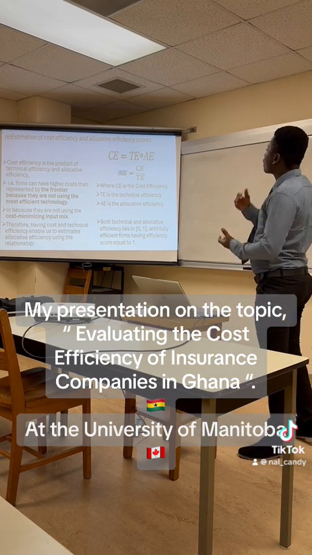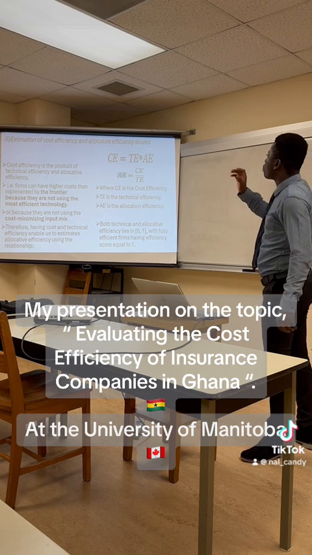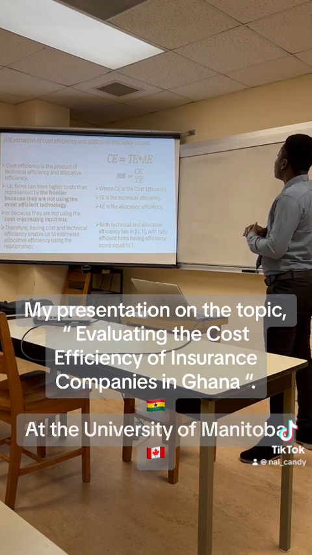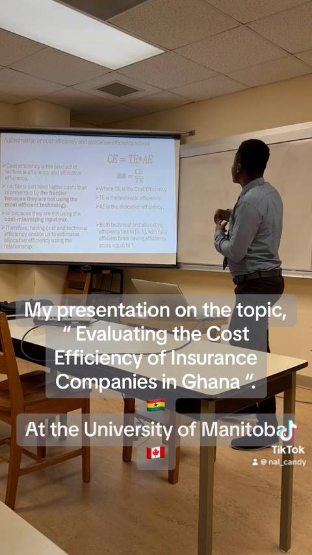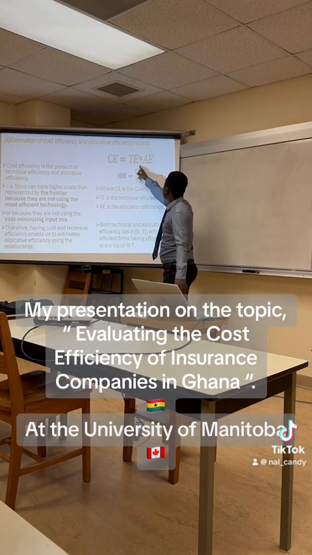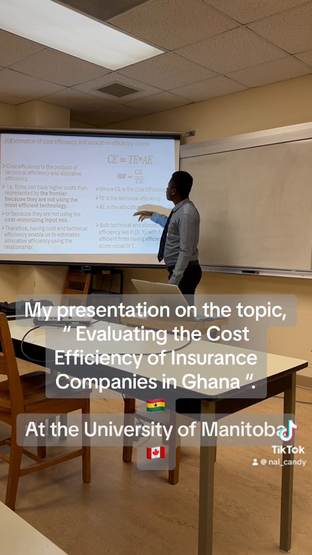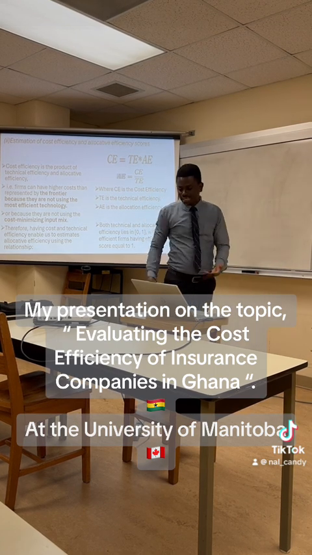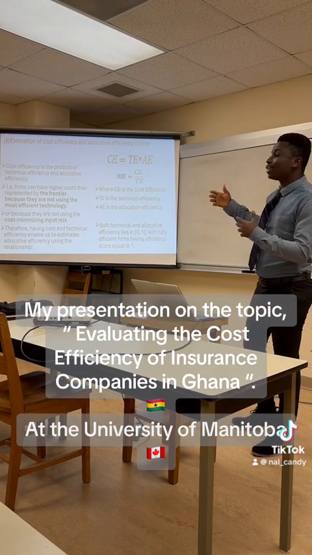The second step, which has to do with the DEA, is the estimation of cost efficiency and allocation of efficiency scores. Cost efficiency is the product of technological efficiency and allocation of efficiency. It is known that a lot of firms have higher costs than presented on the frontier.